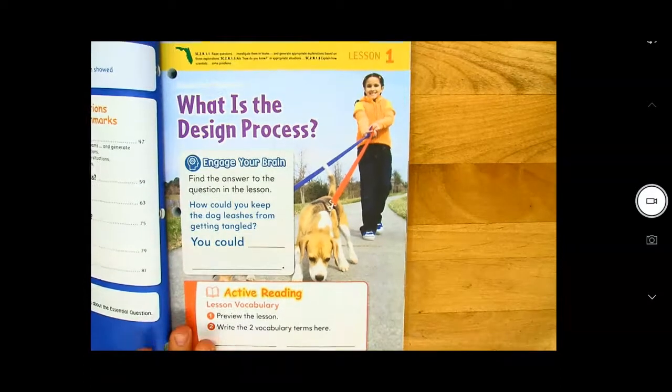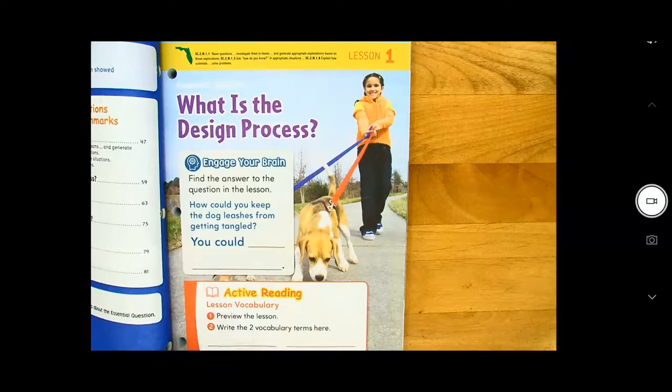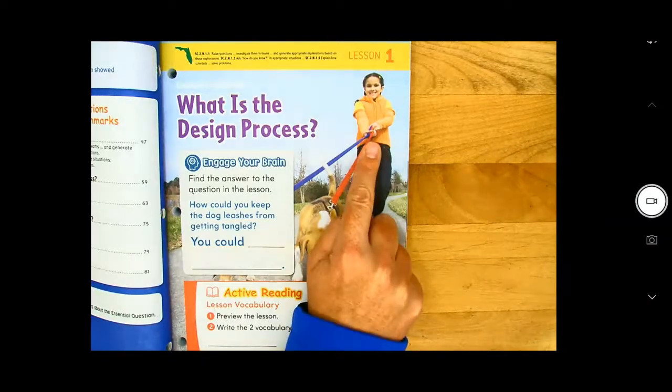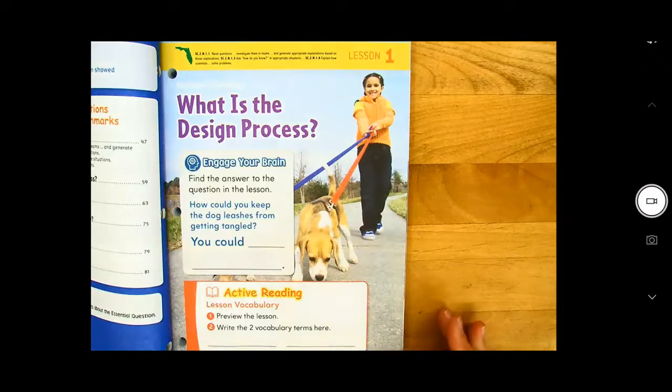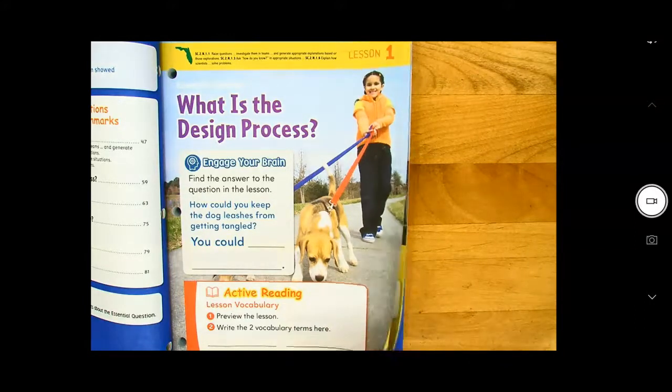It's not always happening in a science lab and mixing chemicals or anything together. Sometimes it's as simple as finding easier ways to do things, okay? Engineers are a type of scientist, okay?